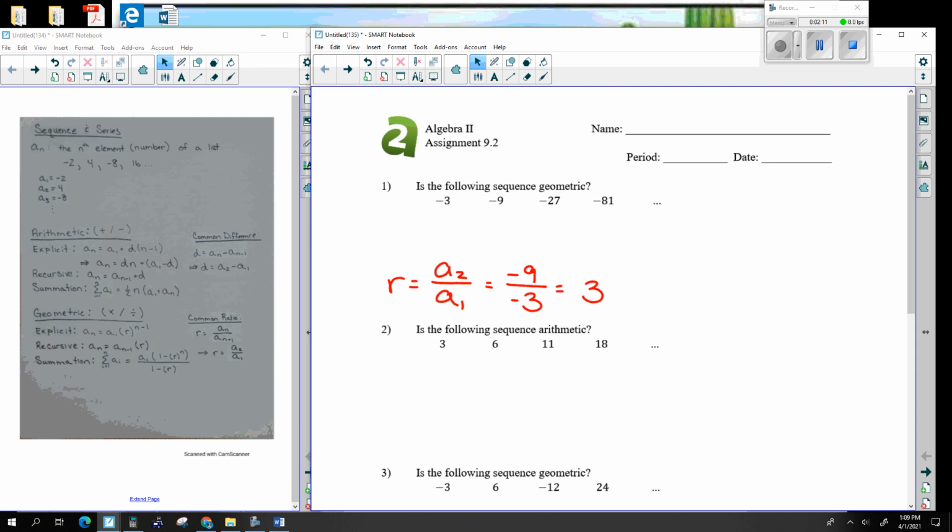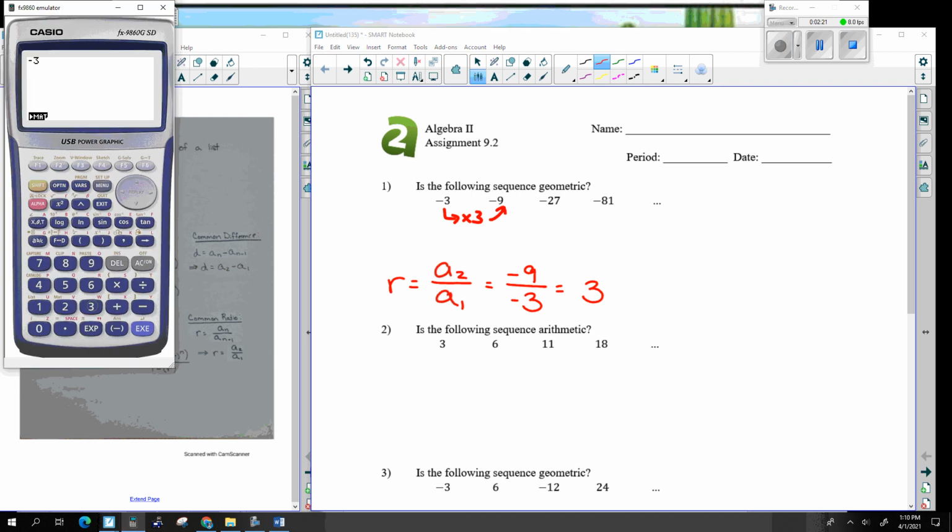So we start this adventure and we see times 3. So -3 times 3 is -9. Hooray, good to go. Times 3 is -27.